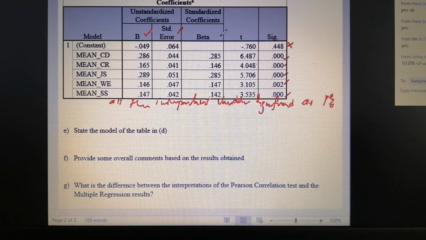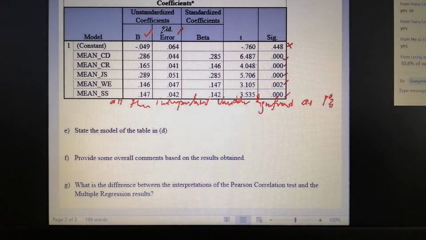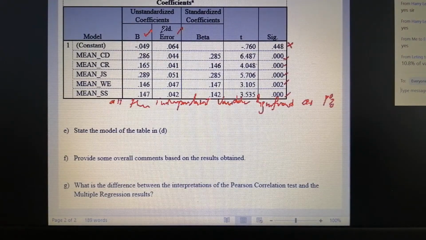Coefficient value for your variables. You can see your unstandardized coefficient values. So look at each and every variable.